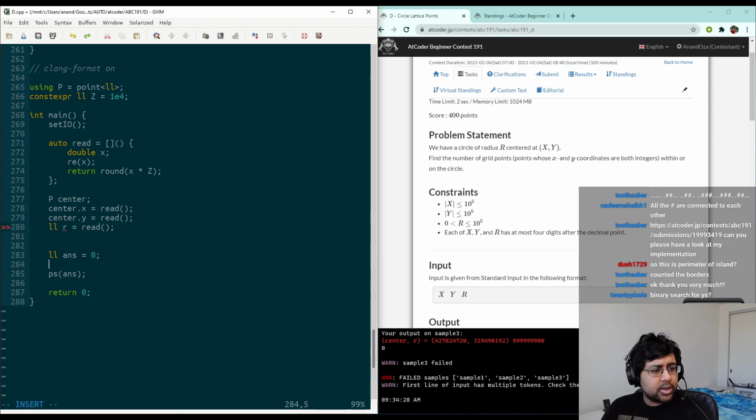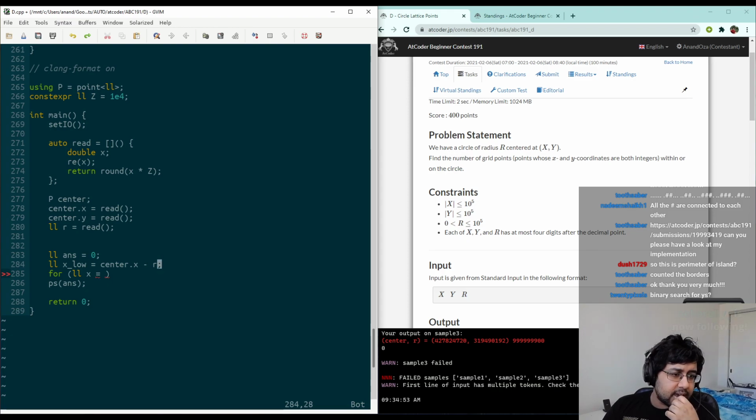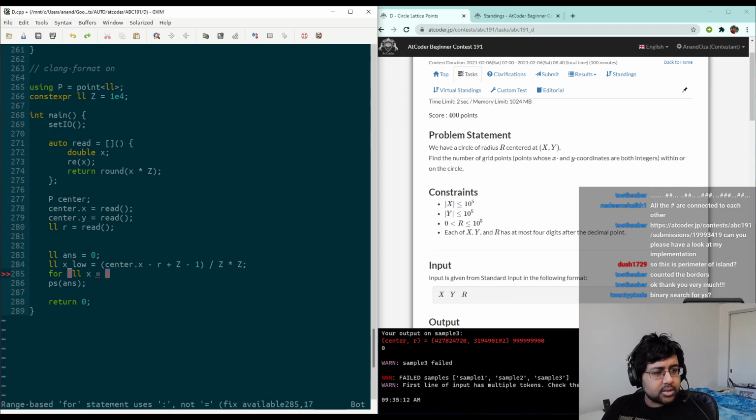Okay, so what we're going to want to do here is take center.x minus r, and then round that up to the next multiple of z, which is kind of a weird way to do it, but I believe it's correct.